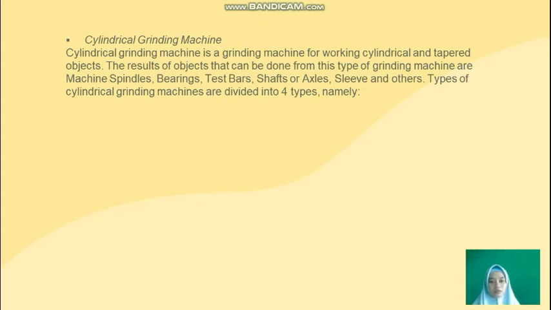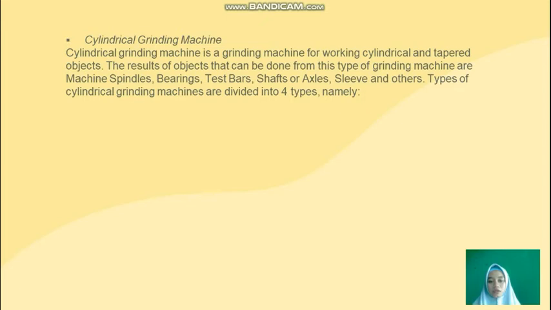Cylinder grinding machine. A cylinder grinding machine is a grinding machine for working cylindrical and tapered objects. The objects that can be made with this type of grinding machine are machine spindles, bearings, fishboards, shafts of axles, sleeves, and others.